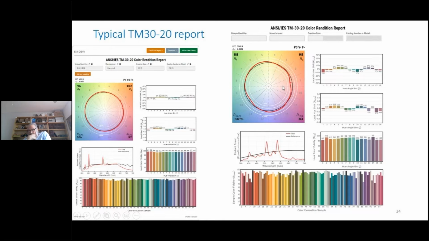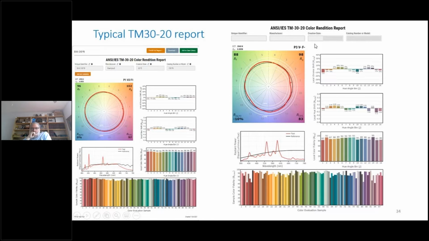Here you have RF H1 for bin 1 is 83. So these four parameters are here. And then you would also have your CCT and DUV values mentioned here.